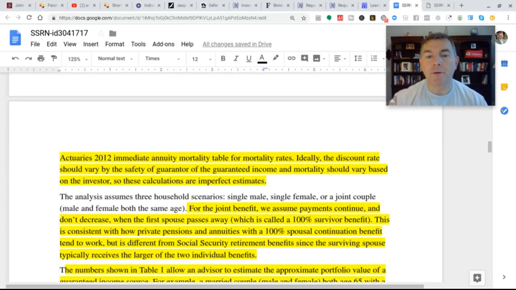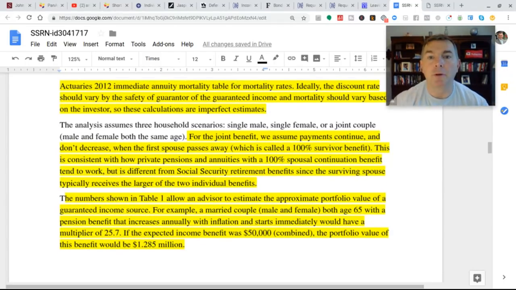For the joint benefit, which is husband and wife or same-sex couple, doesn't matter, but a joint couple, for the joint benefit, we are going to assume annuity payments continue and don't decrease when the first spouse passes away, which is called the 100% survivor benefit.